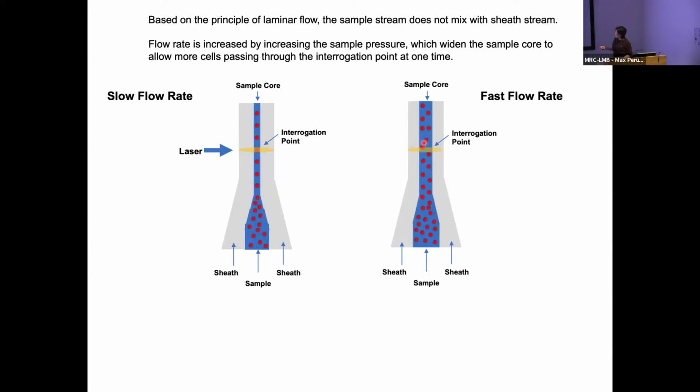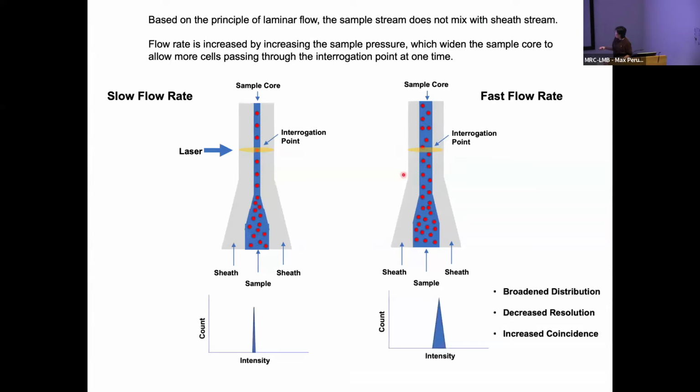You can see the cells no longer go through the middle of the laser beam; they deviate. So it can decrease the resolution and increase coincidence. However, there is a time constraint as always, so there's a balance between flow rate and time.